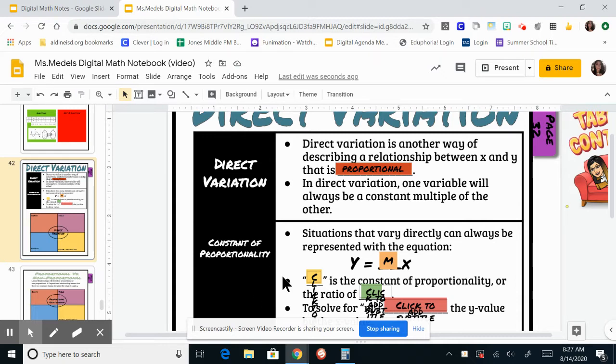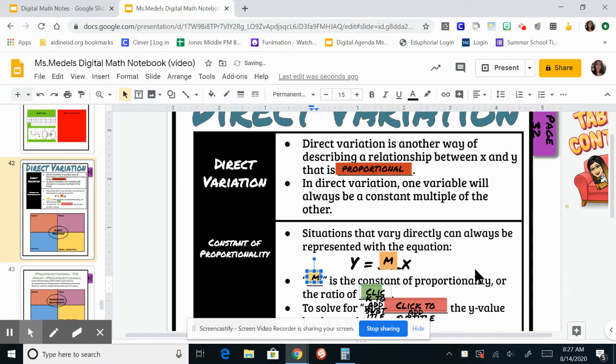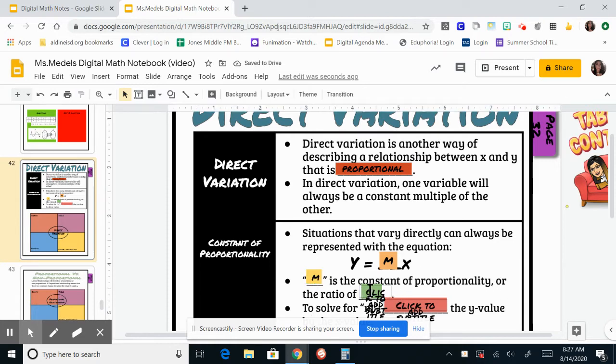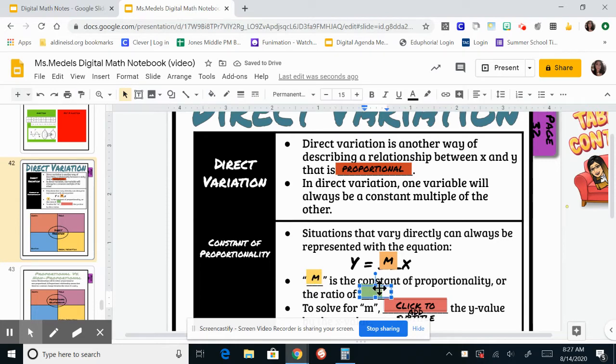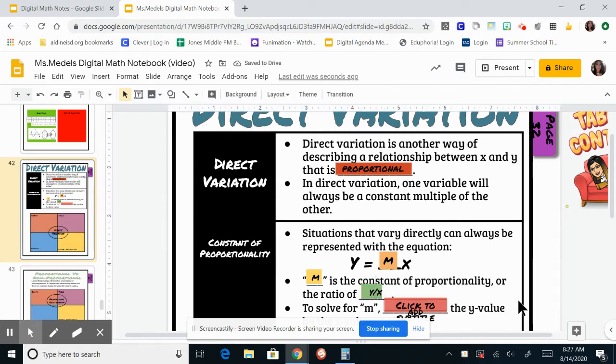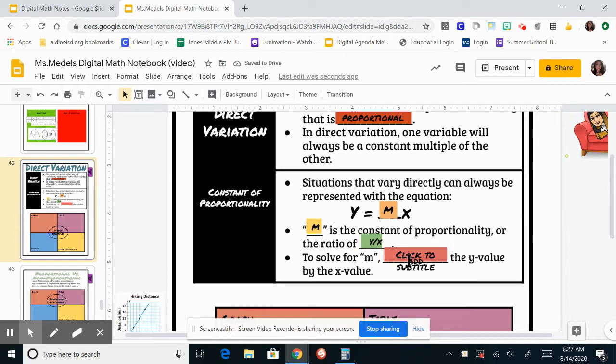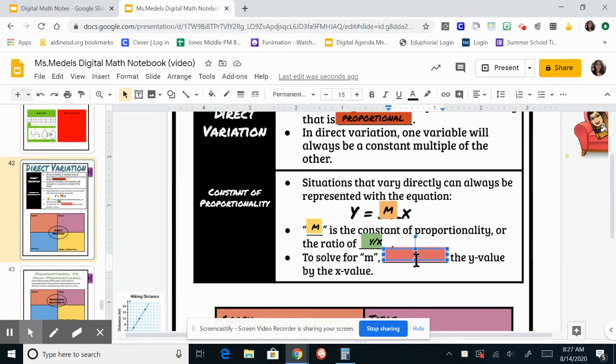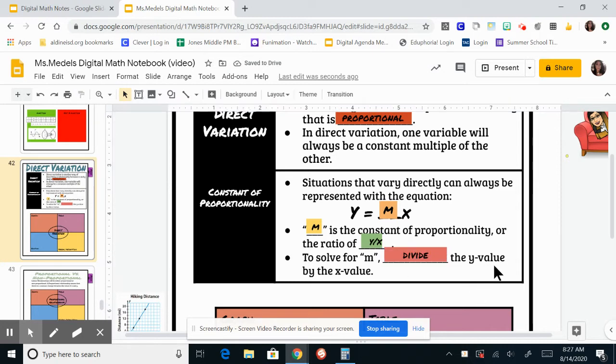Therefore, m is the constant of proportionality, or you can also define it as the ratio between y and x. To solve for m, all you need to do is divide the y value by the x. I know this doesn't make sense, so let's get into what it looks like.